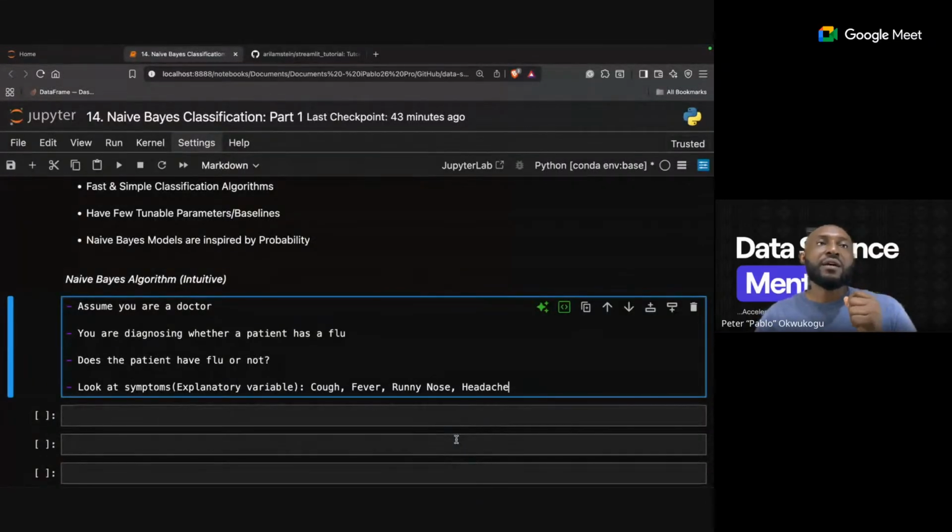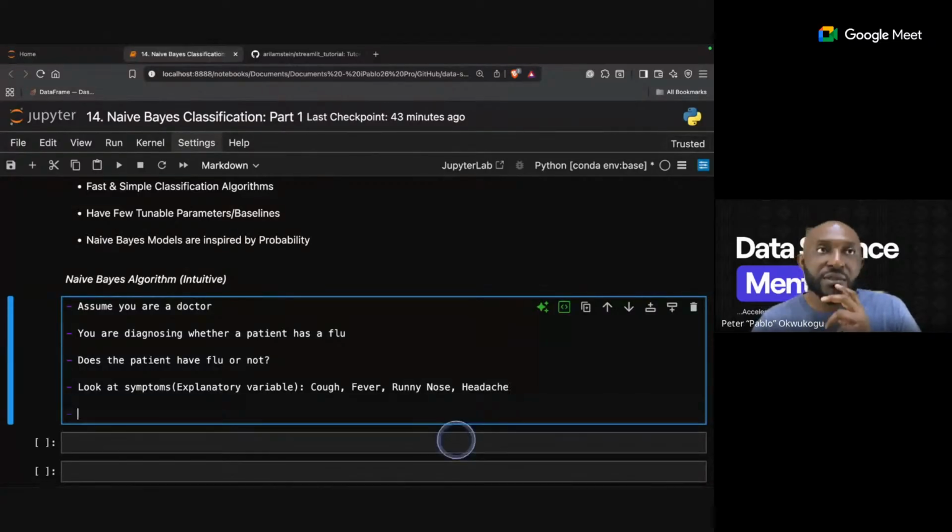Now, the next question. With the Naive-Bayes classification algorithm, right? We want to combine these symptoms to make a prediction.